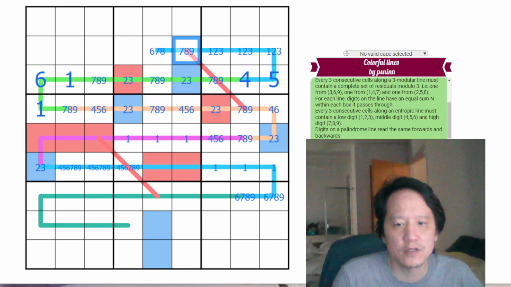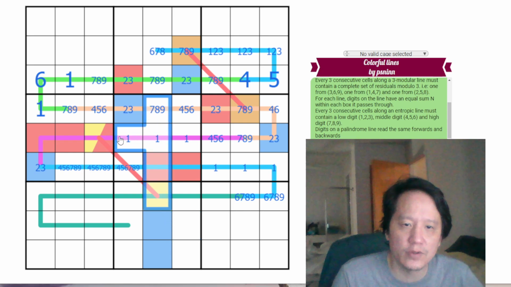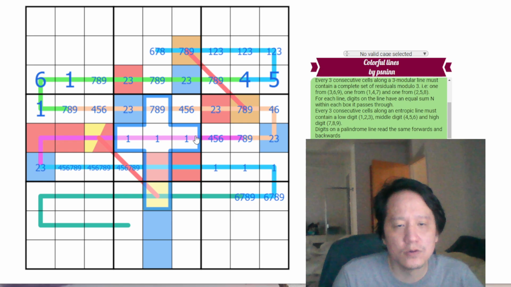Okay, so let's color these. So this is the same as that. And then this is the same as that. So yellow cannot be here, cannot be here.